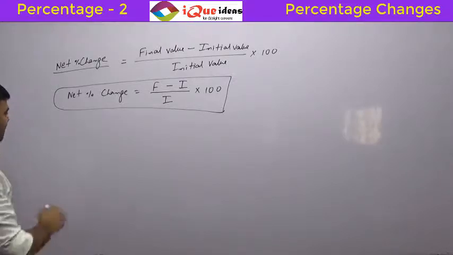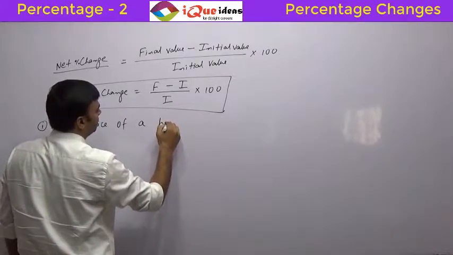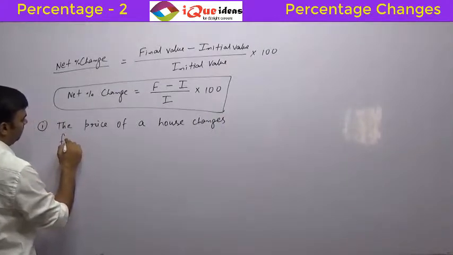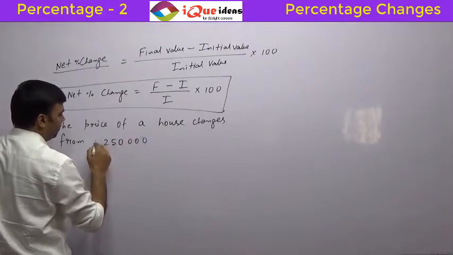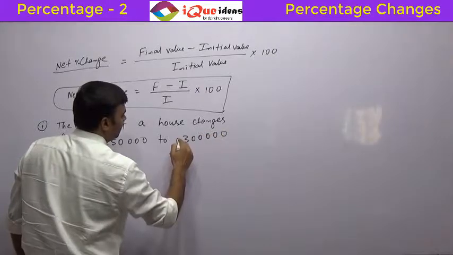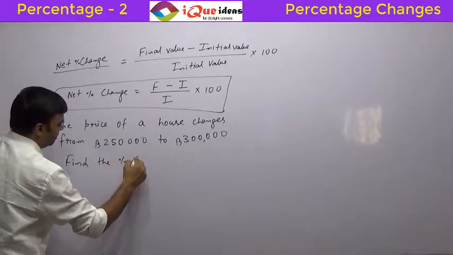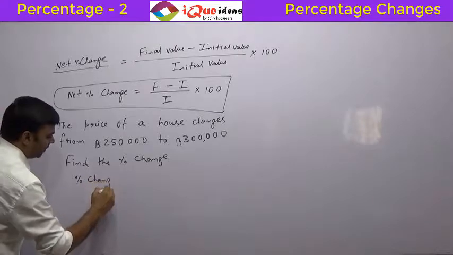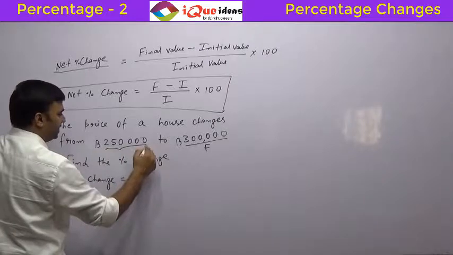Let's take some examples. If I say that the price of a house changes from 250,000 rupees to 3 lakh, find the percentage change. So we straight away say that the percentage change is equal to final minus initial upon initial into 100. This is the final value, this is the initial value.